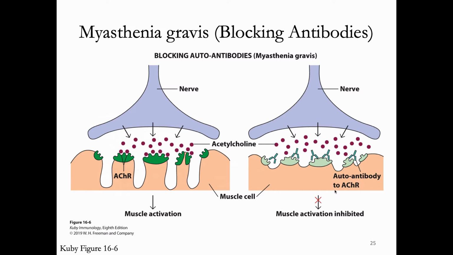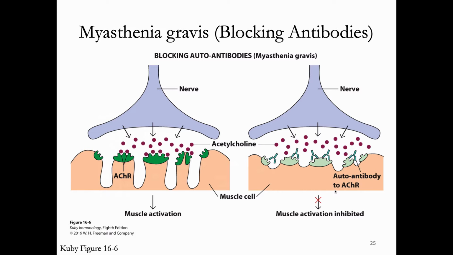What's supposed to happen is that we have a nerve cell, and that nerve cell produces a neurotransmitter, acetylcholine. Acetylcholine can then bind to the acetylcholine receptor, and that will lead to muscle activation. Your muscles are going to move. Yay. So your nerve tells your muscles to move. Hooray.